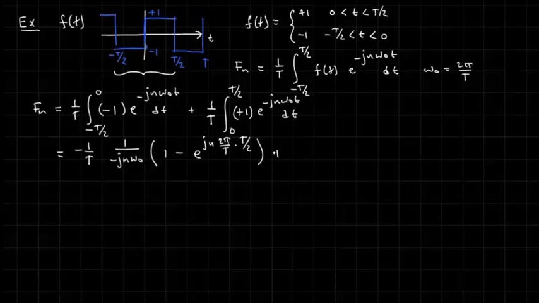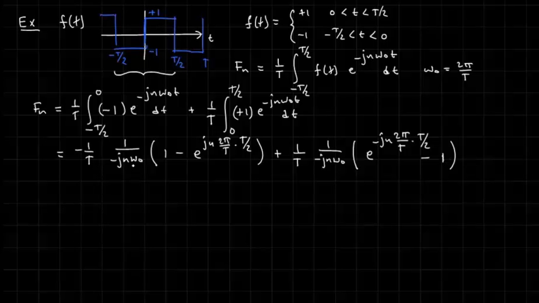Our second term will be +1 over capital T times 1 over -jn omega naught times e to the -jn 2 pi over T times T/2, minus 1 when we evaluate the complex exponential at time 0.